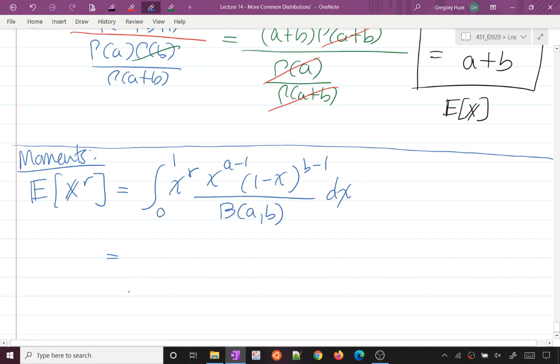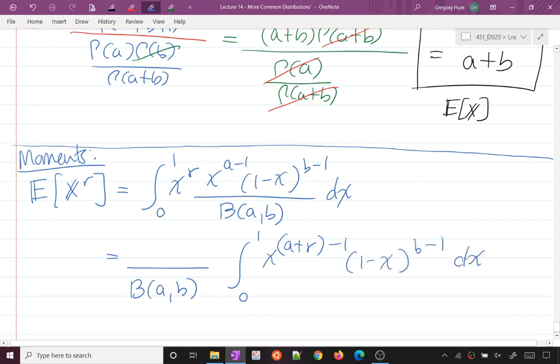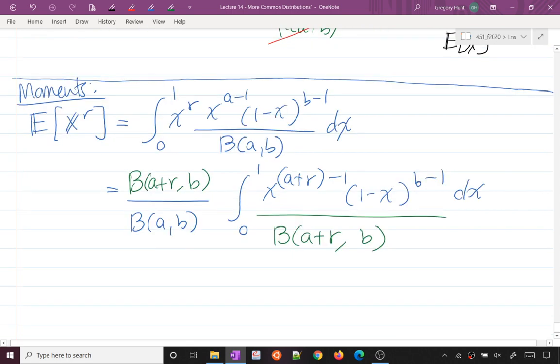Okay, let's factor out that beta function in the basement. Combine the x's: x to the a plus r minus 1, 1 minus x to the b minus 1 dx. And if I want to make this the PDF of a certain beta, I want to make it the PDF of beta a plus r, b. So I could do that by dividing by the beta function of a plus r, b and multiplying by that same quantity. This is exactly the same trick.